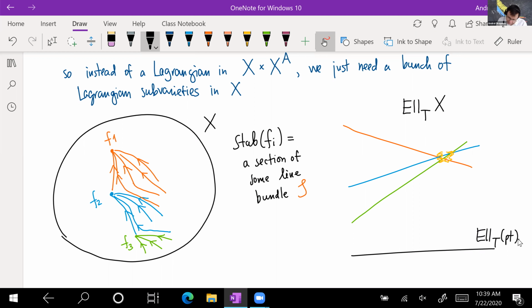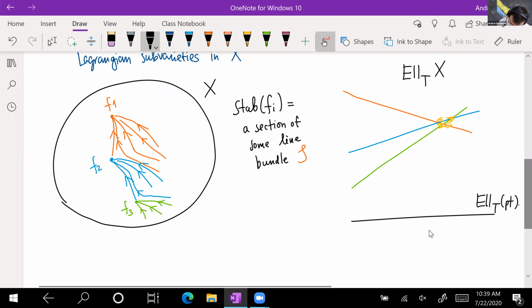Which we can further map to the elliptic homology of T of a point, where the parameter h bar lives.